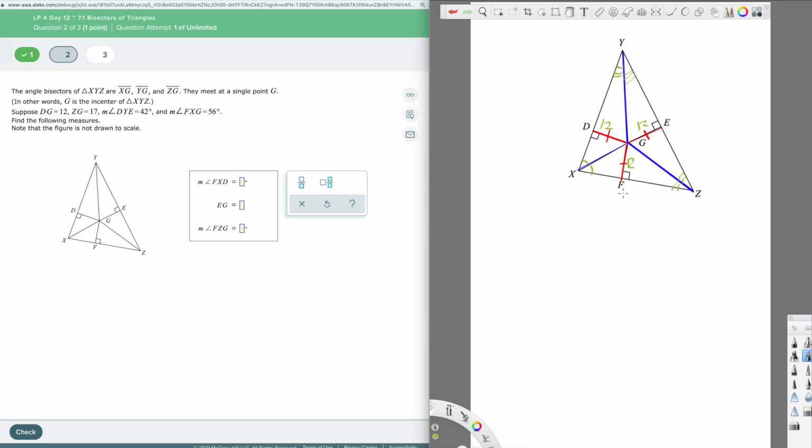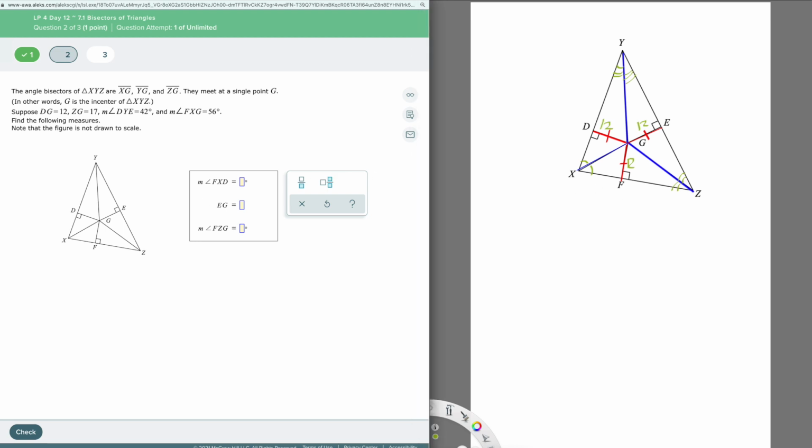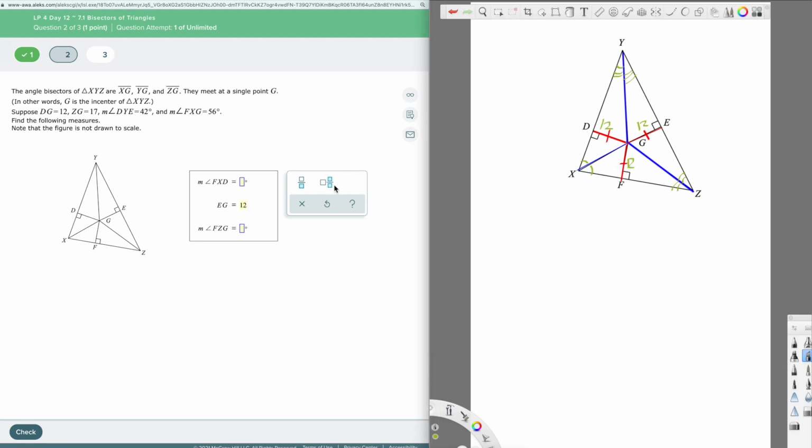Actually, that's one of the pieces they asked me here, EG, so I can immediately put 12 on that one. ZG, this longer one, equals 17. And then they also give me angle DZE, so this whole angle at the top equals 42, and I'm doing this really big so you know it's the whole thing.